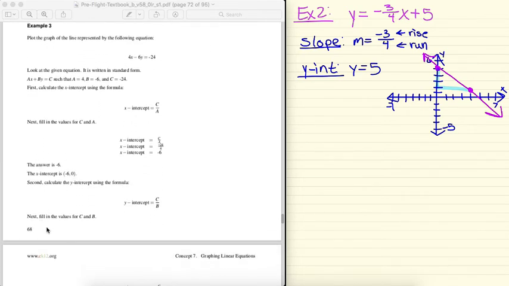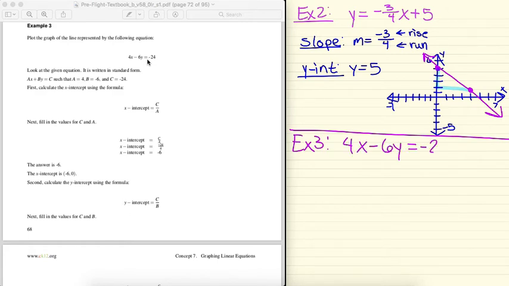All right, let's go through example 3. We want to plot the graph of the line represented by the following equation: 4x minus 6y equals negative 24. Now this is in standard form, so we can use the shortcuts that we discussed at the beginning when we defined standard form to identify our x and our y-intercept.